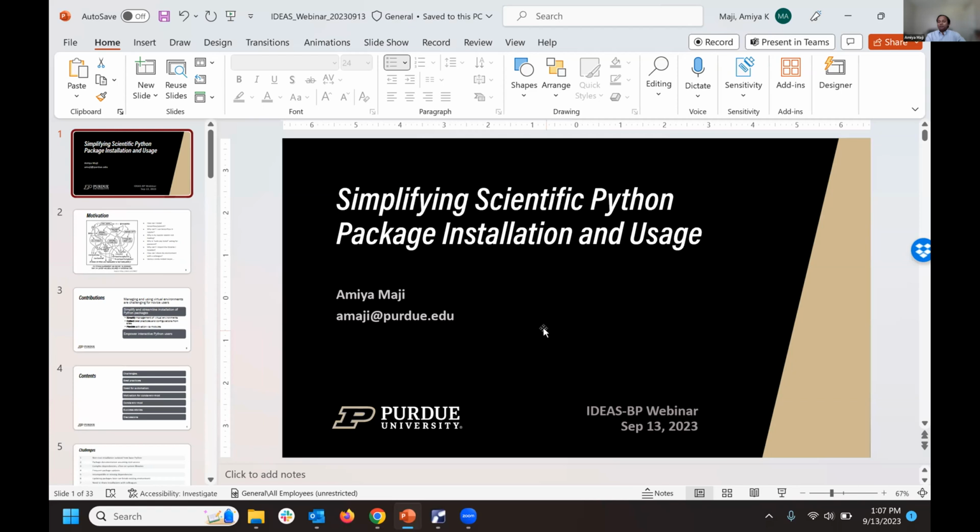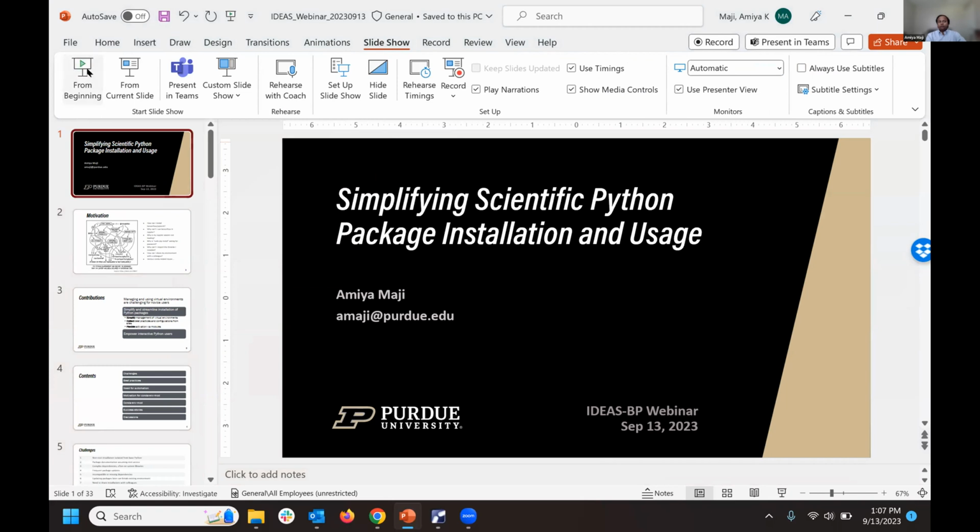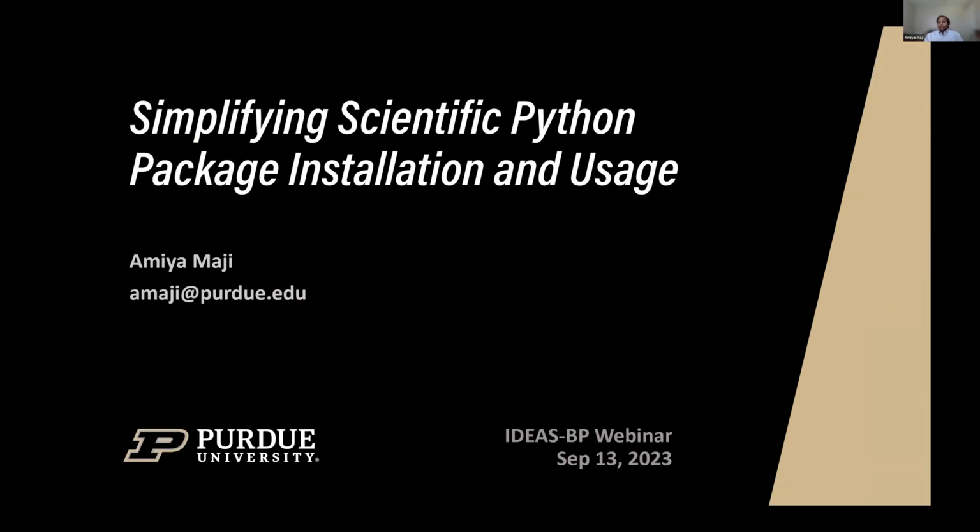More specifically on HPC systems, we have seen a lot of issues coming from users, especially novice or intermediate users who have started using HPC clusters. They are very confused about how to install Python packages on HPC clusters. They may get away with installing packages on their laptops, but those same instructions don't work on HPC clusters.